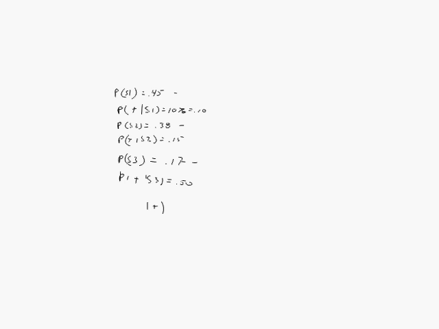Now, you can't have a bird that's all 3 species, right? So the question is, what's the probability for each one? What's the probability that it's species 1, given that that bird happens to be tagged? And of course, you need to use Bayes' theorem, and you have all the pieces that you need for Bayes' theorem. You have the probability of S1, so I'll just write that.